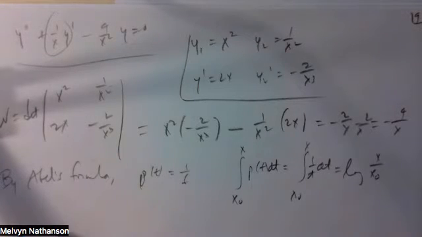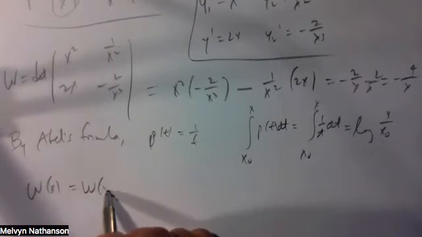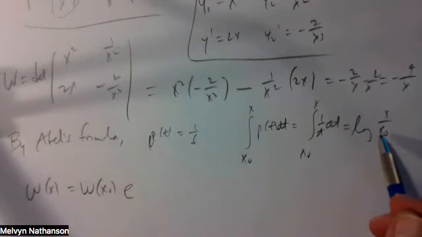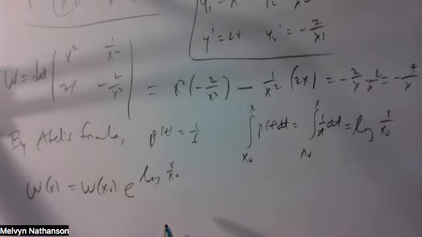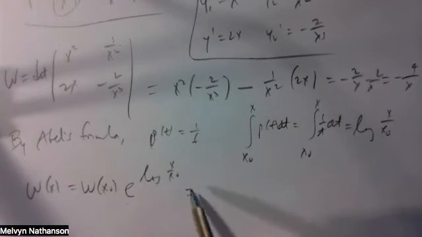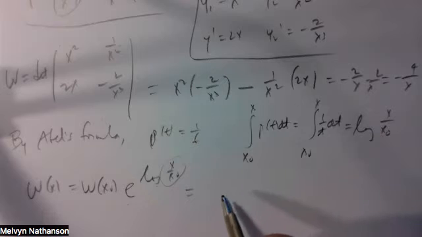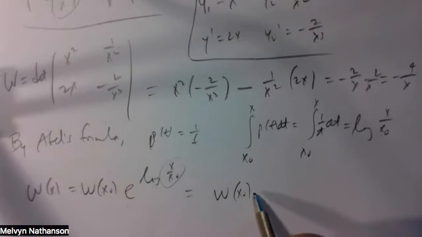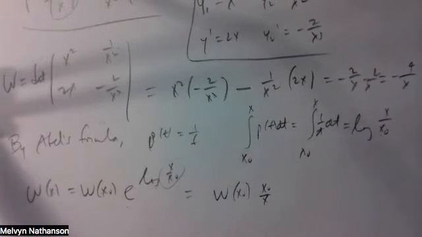And so W of x is W of x naught, for any point x naught not 0, times e to the log of x over x naught. And e to the log of something is just the something. So this is W of x naught times x naught over x.